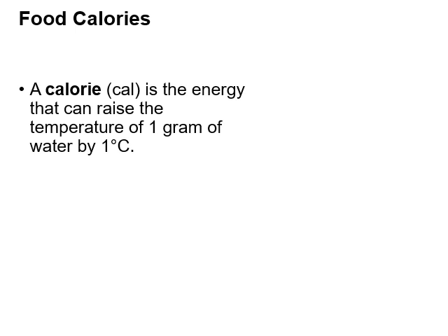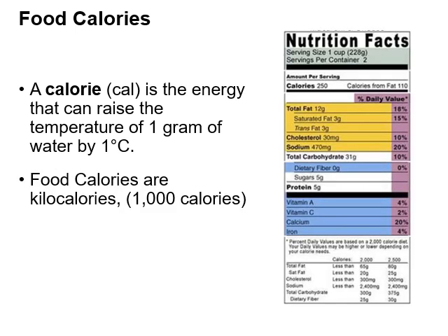But we think of calories in a much more broad way, as just the energy that's in our food. One additional wrinkle I want to add is that when you look at a nutrition label, the food calories on it are actually kilocalories. Kilo means 1,000, like a kilogram is 1,000 grams. So they're actually 1,000 calories.